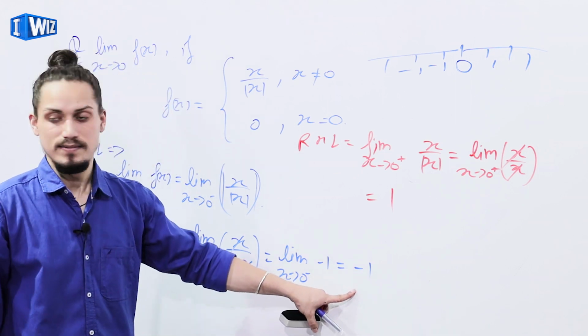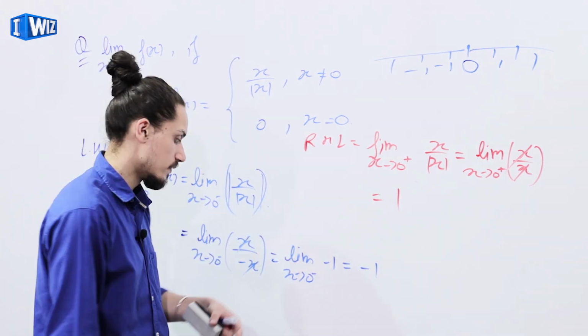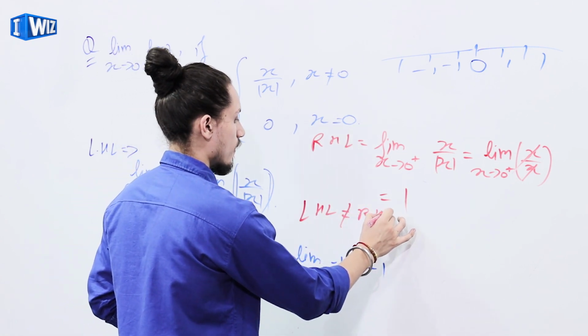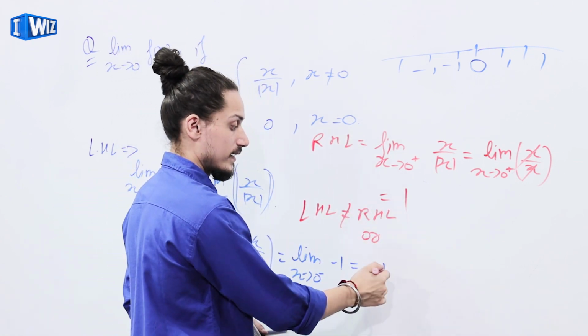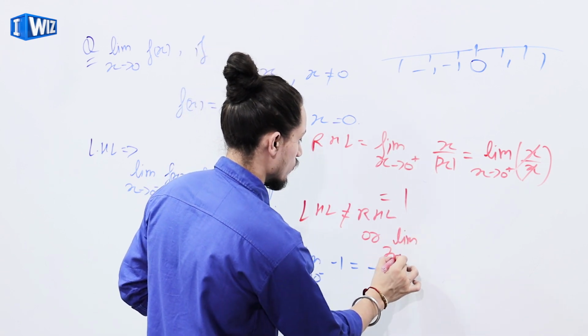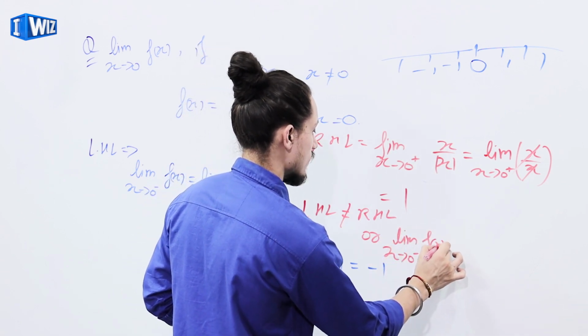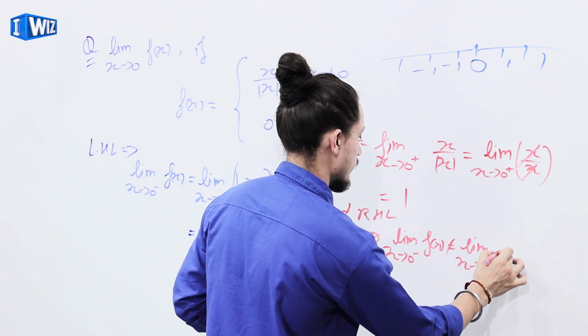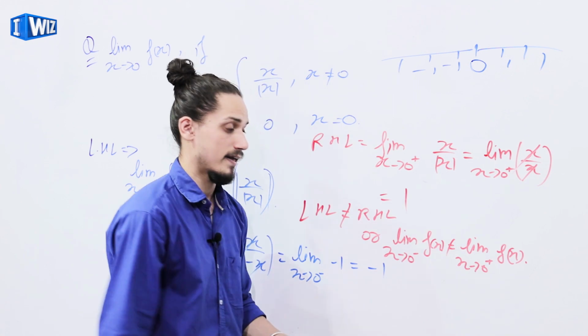So left hand limit is minus 1, right hand limit is 1, so I can write left hand limit is not equal to right hand limit, or you can also write it as limit x approaches to 0 negative f of x is not equal to limit x approaches to 0 positive f of x, and hence the result.